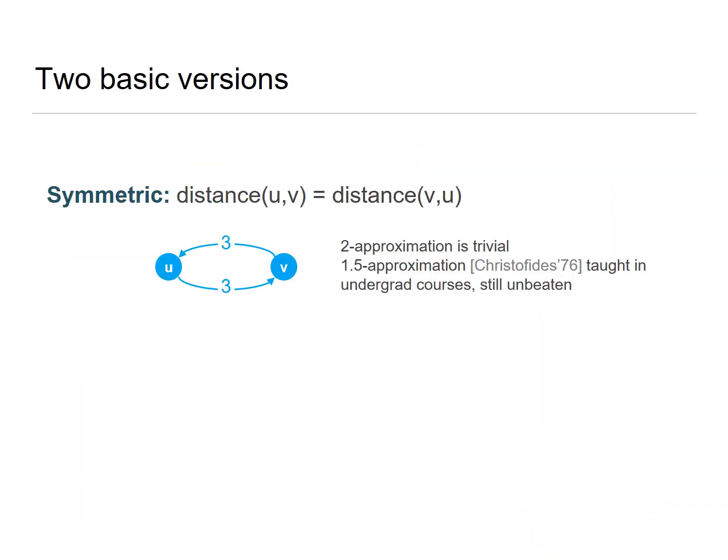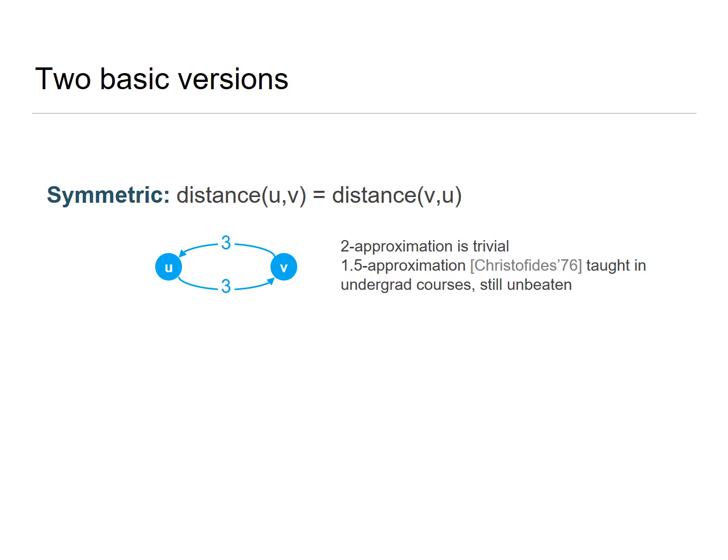The first is the symmetric version, where the distances between every pair of vertices are the same in either direction. Here it's quite easy to get a 2-approximation algorithm, and there is the celebrated result by Christofides from 40 years ago, who got a 1.5 approximation. This is taught in undergrad courses, and this is still not improved. It's a huge open problem to improve it.